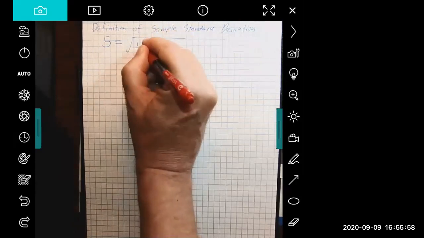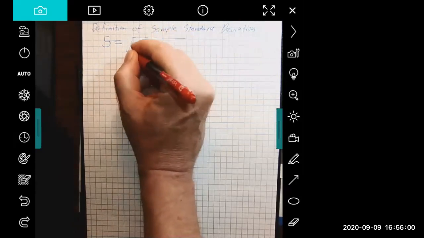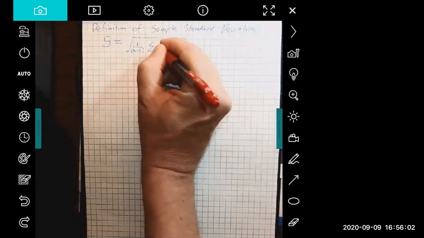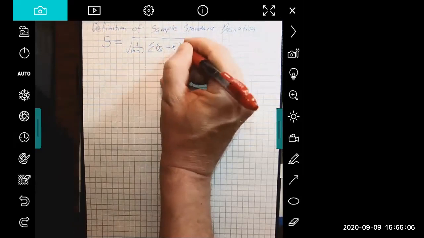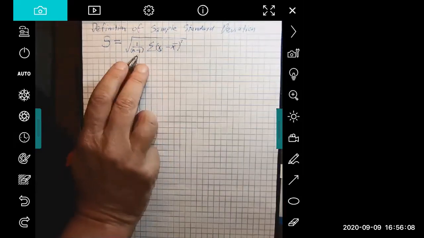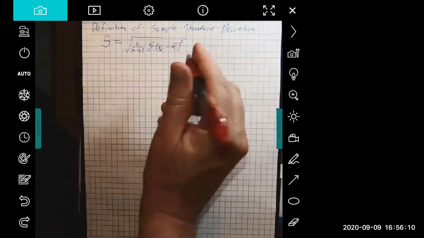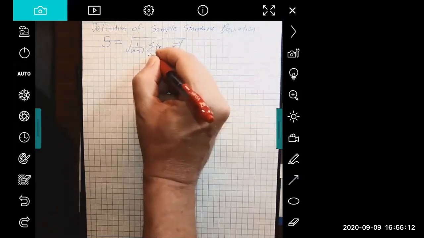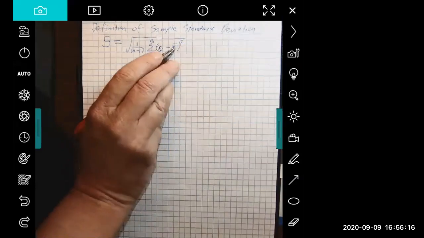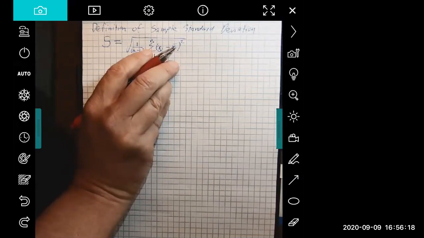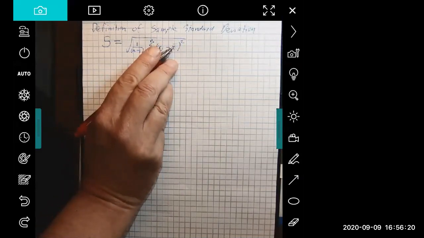It was almost just like the population standard deviation, except there's a dividing by n minus 1. And we don't have access to the population, so we don't know the population mean.